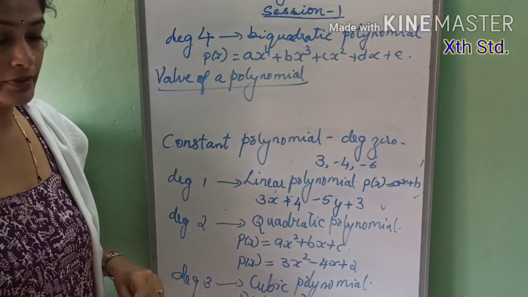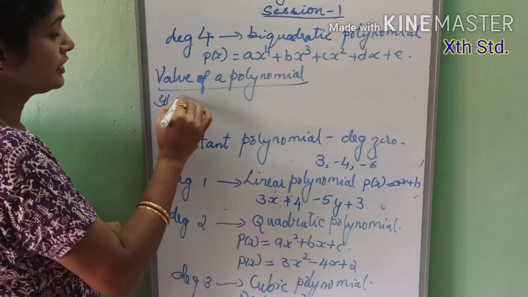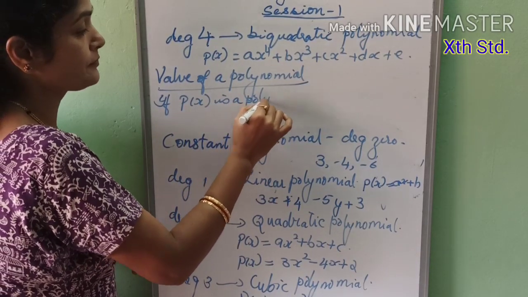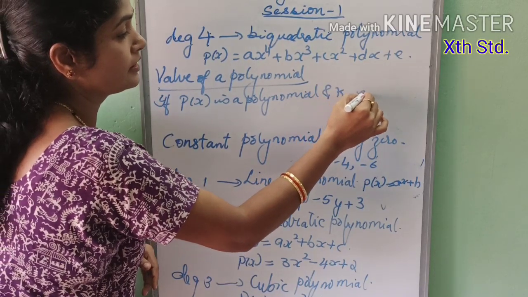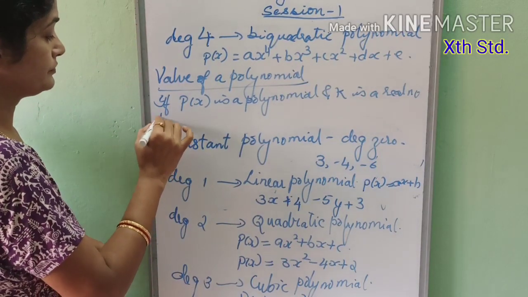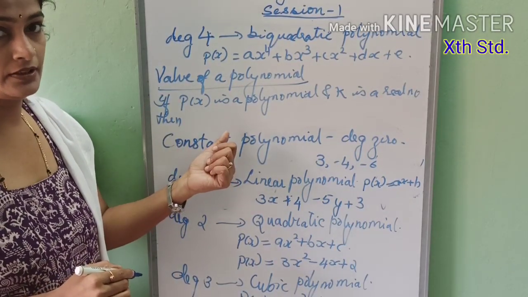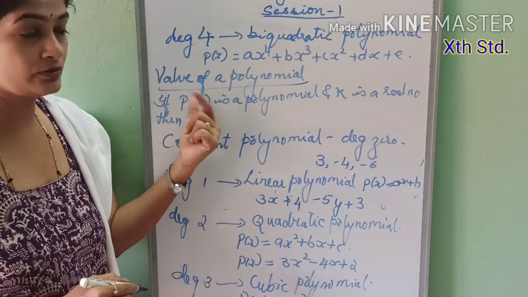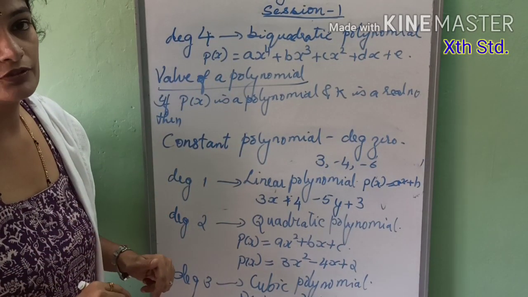Next one, value of a polynomial. So how do you define this value of a polynomial? If P of x is a polynomial in x and k is a real number, then the value obtained by replacing x with k in P of x is called the value of the polynomial.